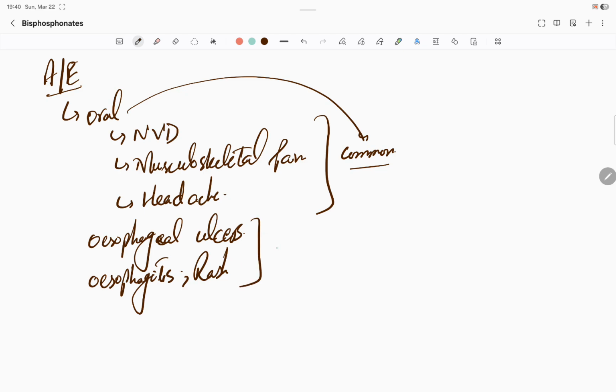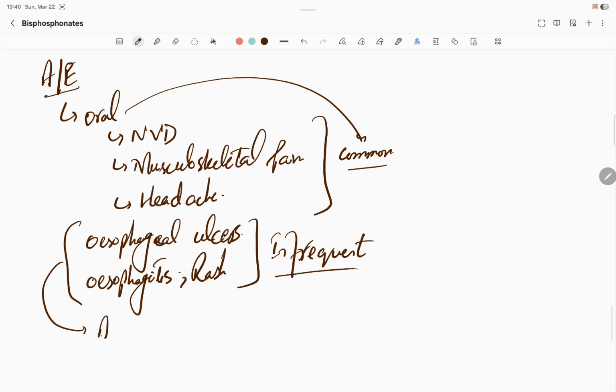So these are infrequent, not very common, but important to keep these in mind because these are mostly caused by alendronate, especially esophageal ulcers and esophagitis. Alendronate.